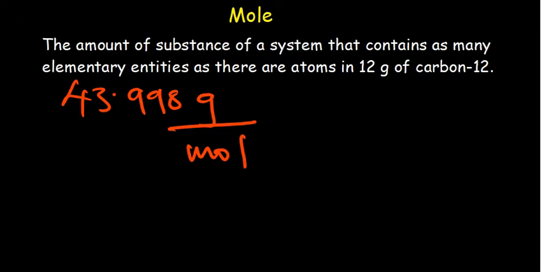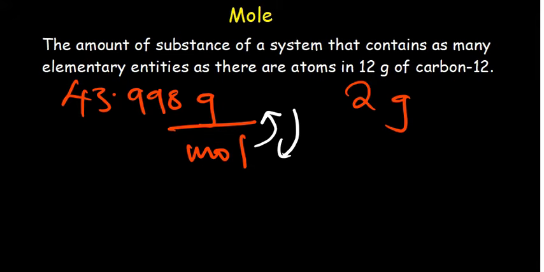Now we are given 2 grams of carbon dioxide. How do we find the number of moles? We want our mole to be on top, so we can exchange this; whatever is on top will go down.